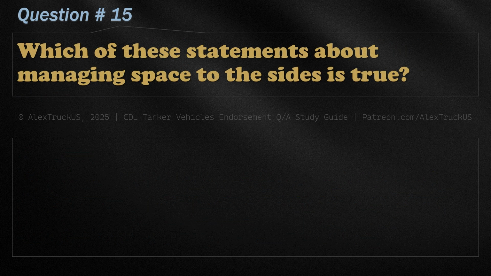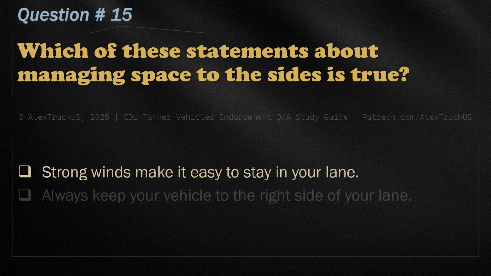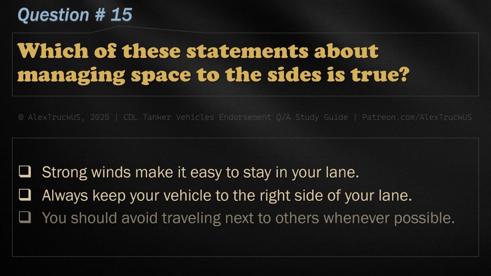Question 15. Which of these statements about managing space to the sides is true? Strong winds make it easy to stay in your lane. Always keep your vehicle to the right side of your lane. You should avoid traveling next to others whenever possible.